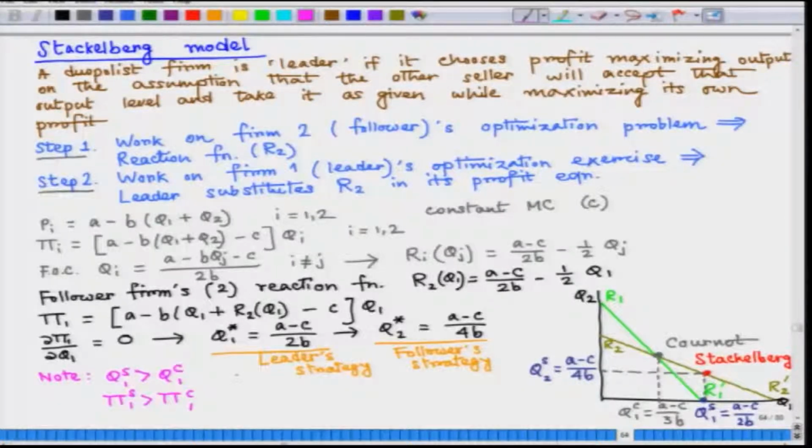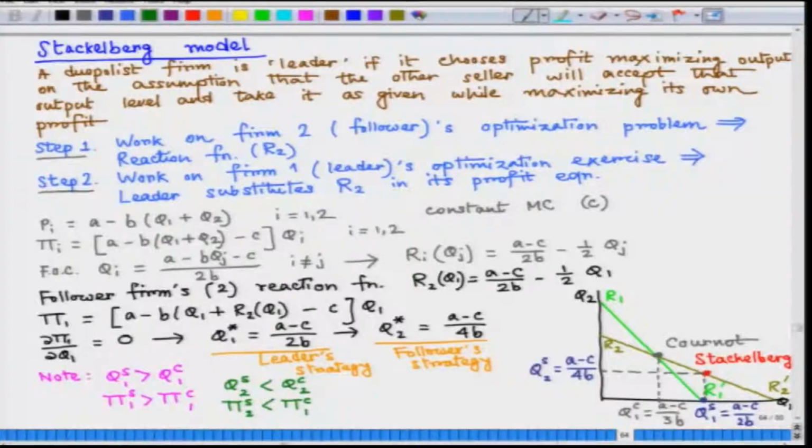And then for the follower we can write QS2 is less than QC2, and pi S2 is less than pi C2. So, basically in the Stackelberg case we see that one of the Cournot duopolist firms succumbs to the leader and receives a lower level of profit.